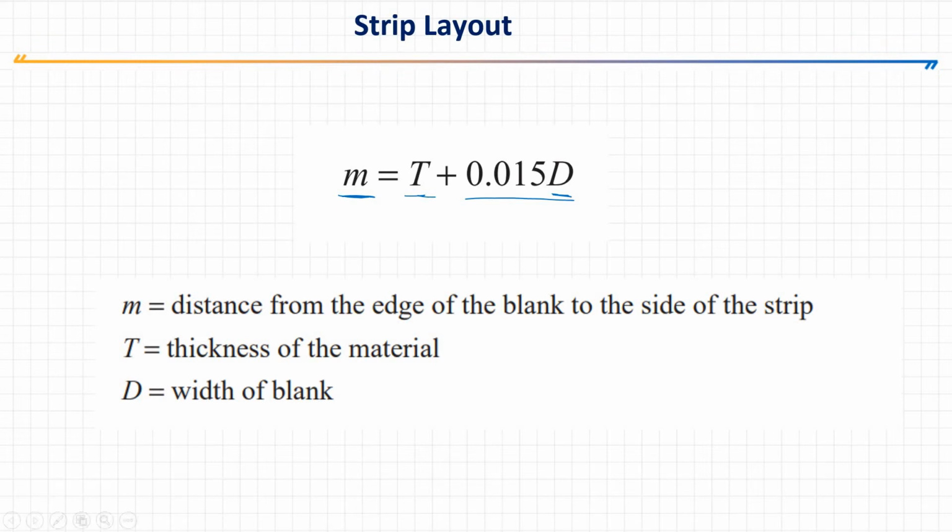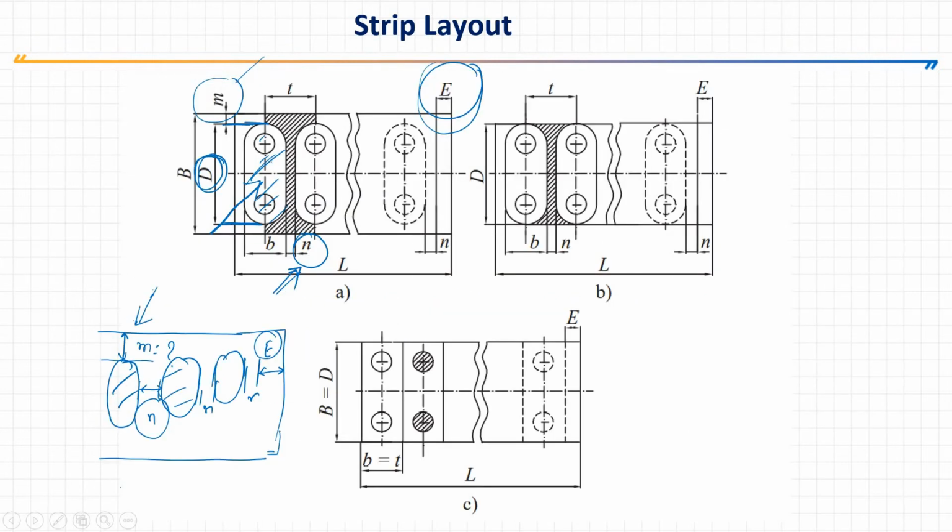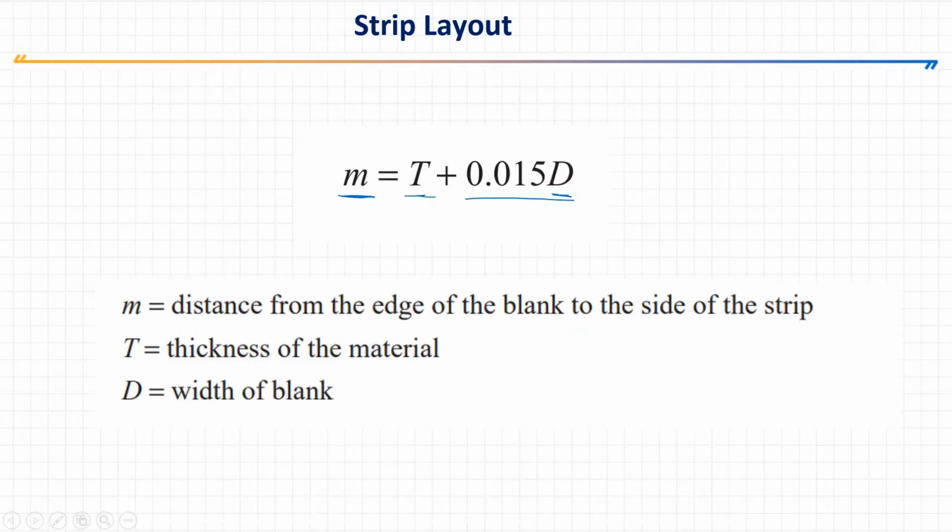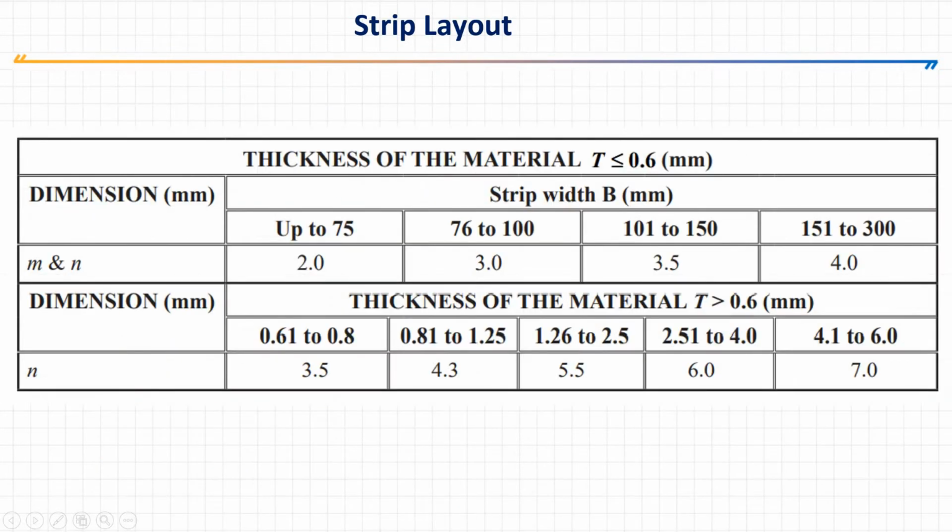Next, we have to calculate the value of n. The value of n can be noted using one table. If you notice this table, we have two types of values.